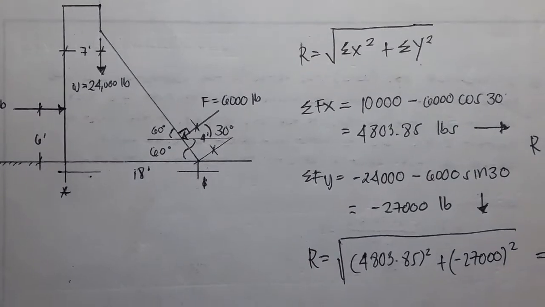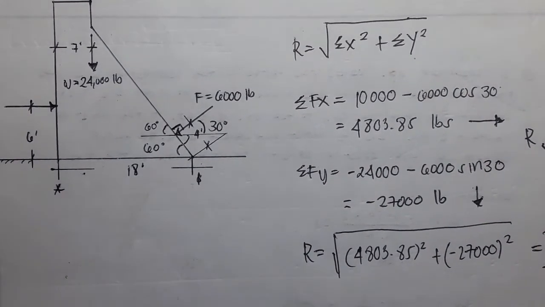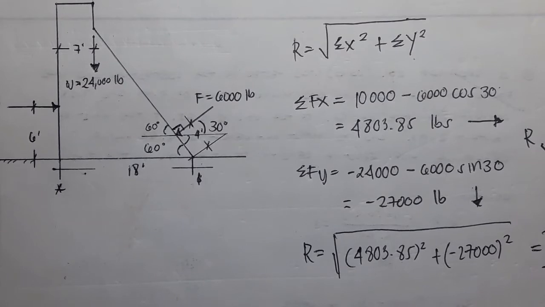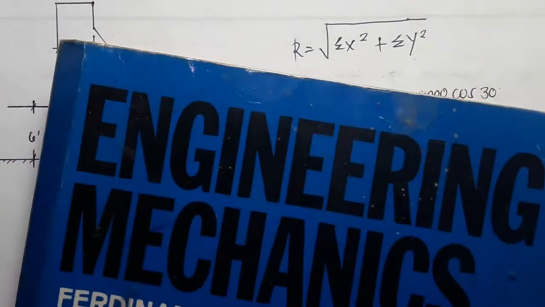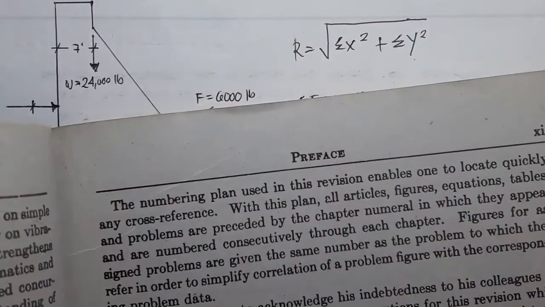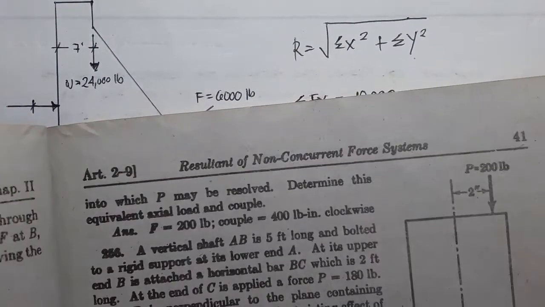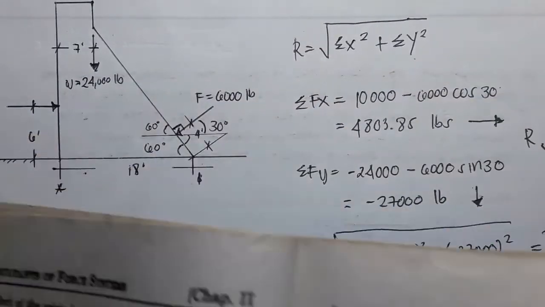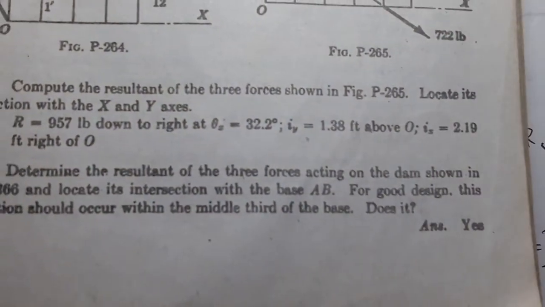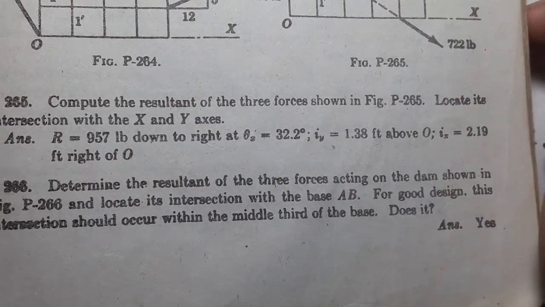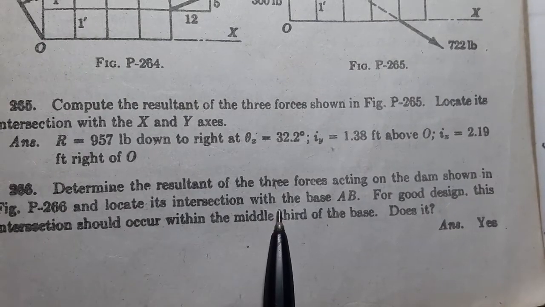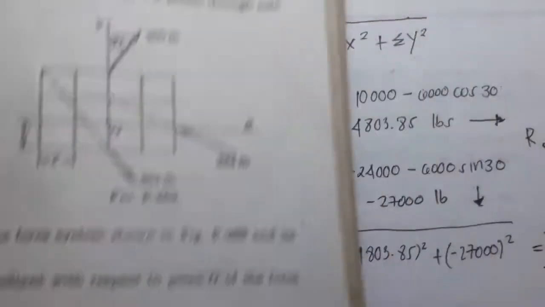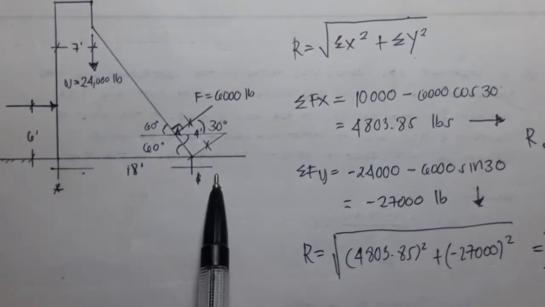The book asks us to locate its intersection with base AB. Let us read it again. So here, this is the base AB.